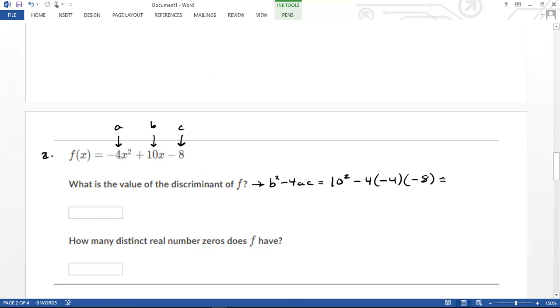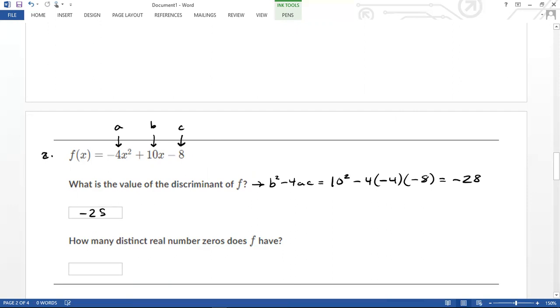Just use the calculator. 10 squared minus 4 times negative 4 times negative 8 equals negative 28. So you put that in the box.